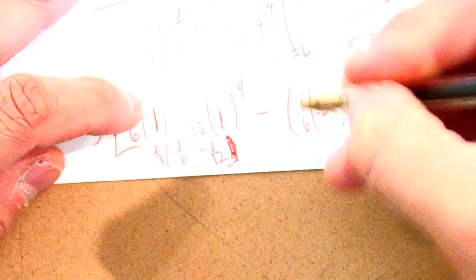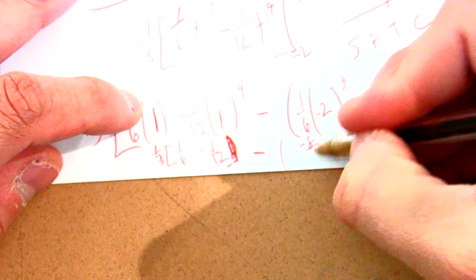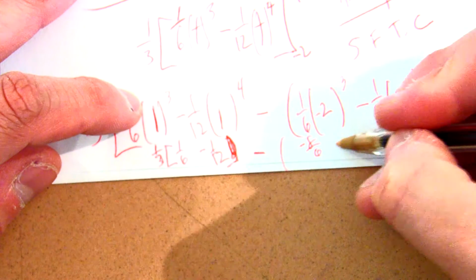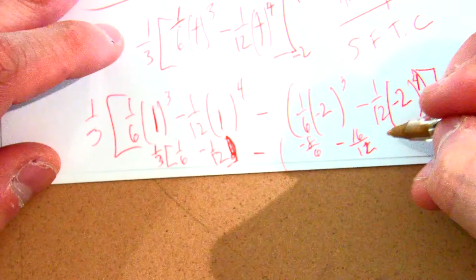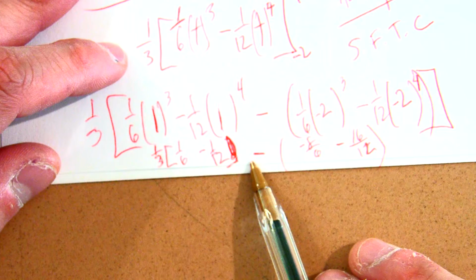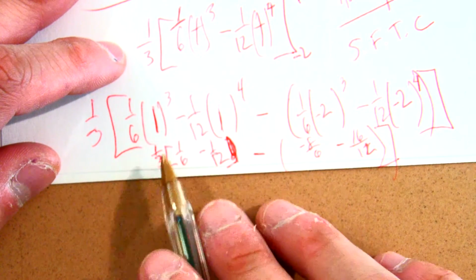No. Minus. Yeah, negative. You could just write it out. You should have reduced, but who cares? And this is 16 minus 16 over 12, right? Oops. I'm going to rewrite it again. Now notice, I still haven't distributed the negative. Okay? You can do it now, you do it later, it doesn't matter. And we still haven't distributed the third here. Okay? Now I'm going to take it over here.